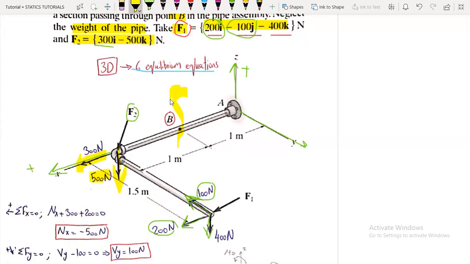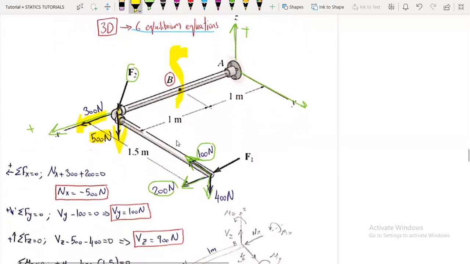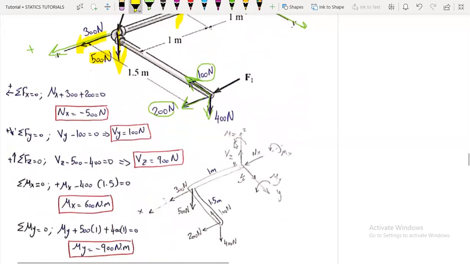Okay. Now, after I take a cut, I will put the internal loadings, which are 6 internal loadings: the shear in the y direction, the shear in the z direction, the axial in the x axis direction, and the moments. Okay, and here are the axes.